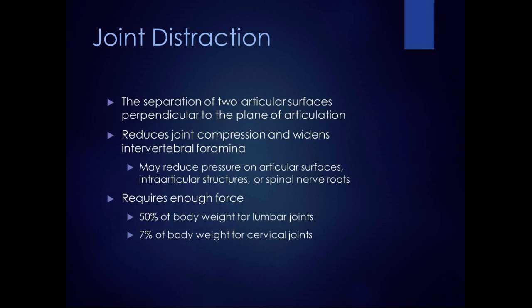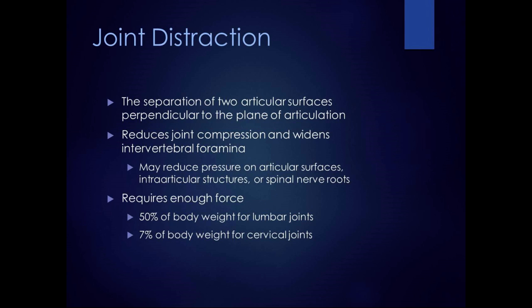So joint distraction is the separation of two articular surfaces perpendicular to the plane of the articulation. It's basically you're just pulling those two articular surfaces apart. It reduces joint compression in the spine and widens the intervertebral foramina.